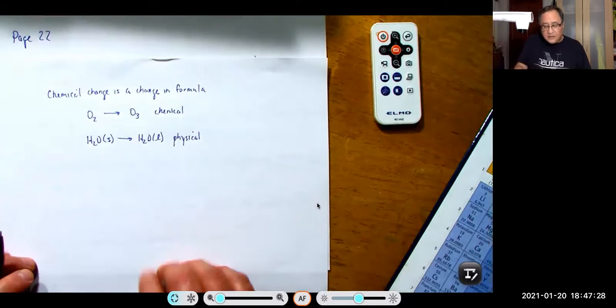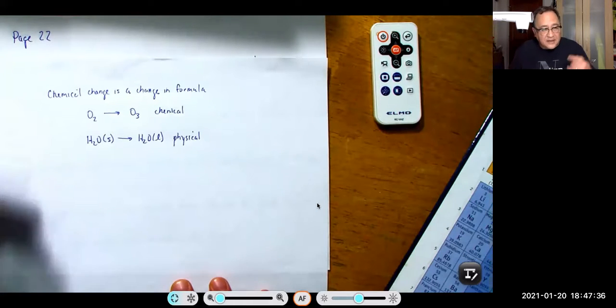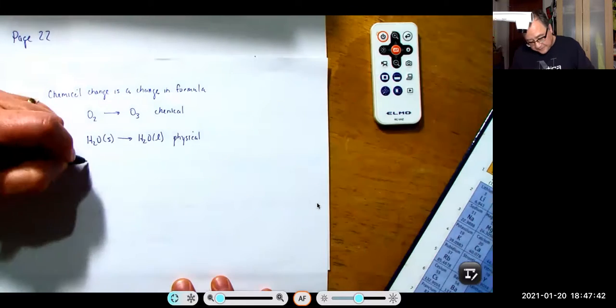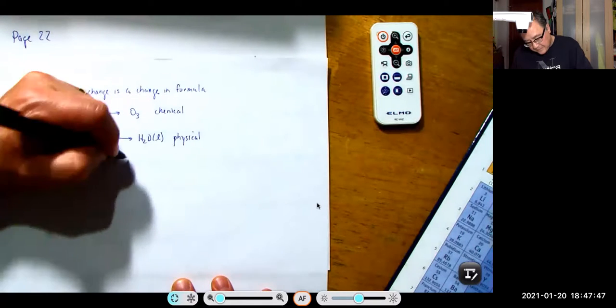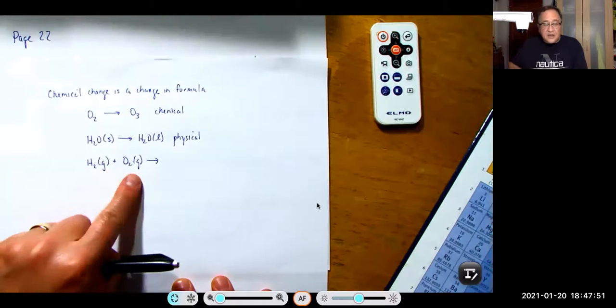But what if you are given a problem where you don't see formulas? What do you look for? But before I go into that, let me back up and say that there are times where you have two things combined together.